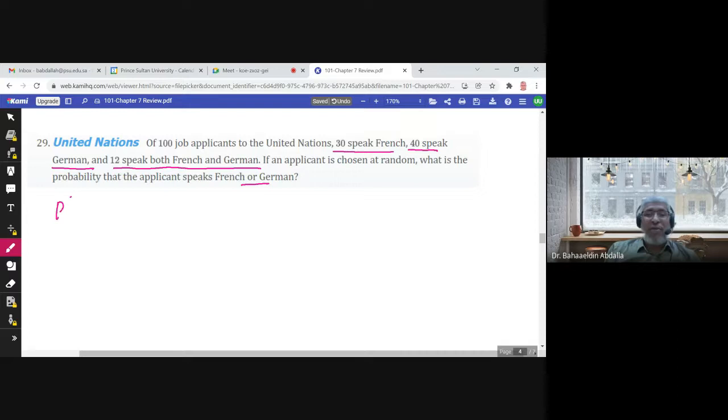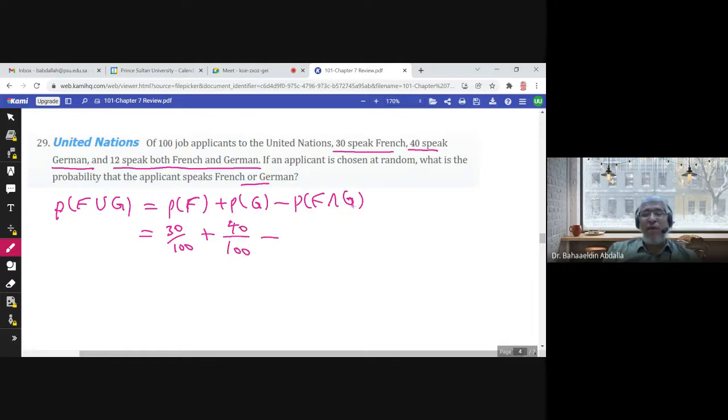So he's asking about the probability of F or G. And this would be the probability of F plus the probability of G minus the probability of F intersection G. The probability of F is 30 over the total, which is 100, plus 40 over 100 minus the intersection, which is 12 over 100. So if you add, it is 58 over 100, and that's the answer.